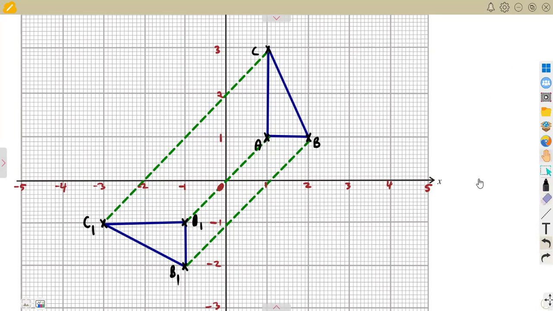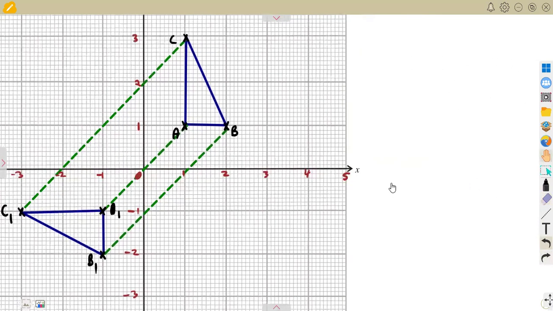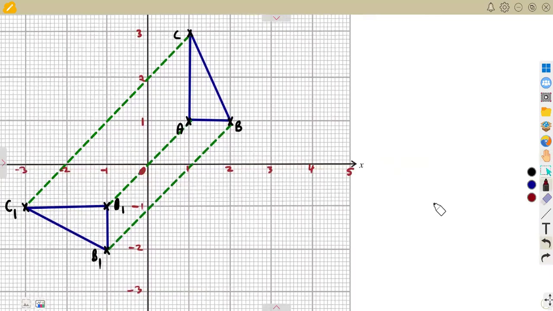Remember, a translation is when the parallel lines are of equal length, but for a reflection, we have these parallel lines of unequal length. So we can now describe it to say it is a reflection. Remember, the question was to describe.